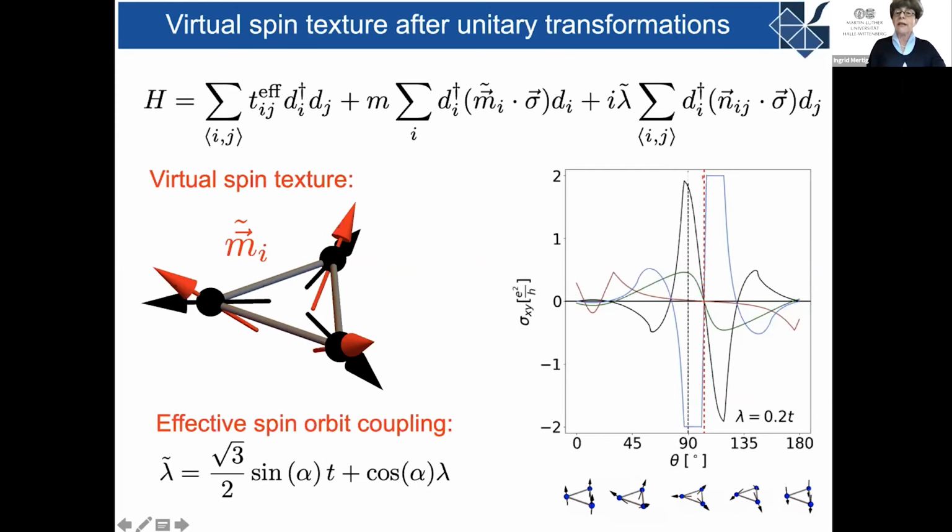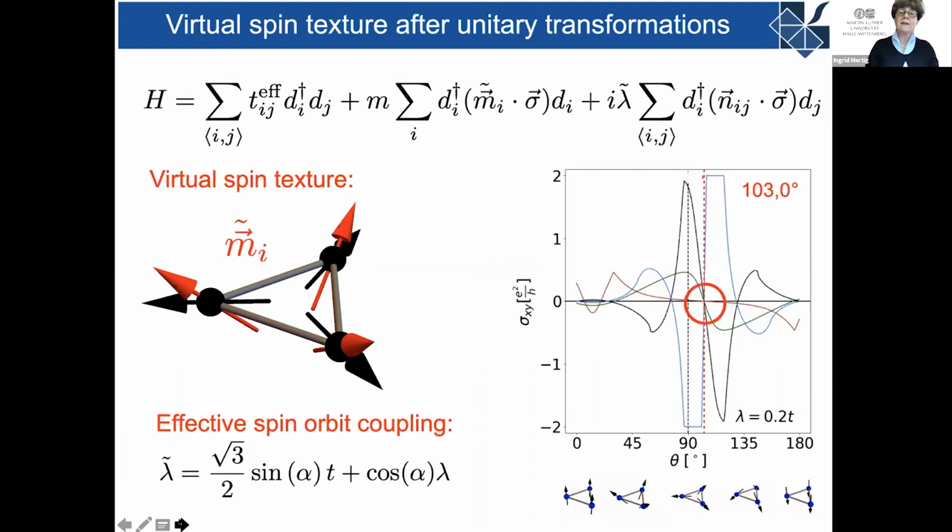Now let me come to the next point that I want to understand. Why do I restore the anomalous Hall effect being zero for all energies? And this can be understood in the following way. The last term, the spin-orbit interaction, has now an effective spin-orbit coupling constant. After the transformation, this constant has a certain form, but in particular, it can become zero. And it becomes zero exactly for this angle.